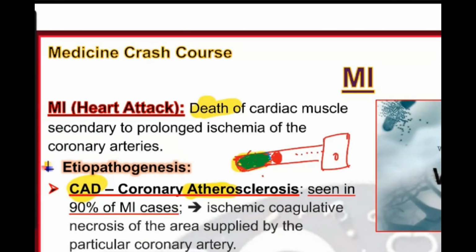Are you following? Those who are following, just raise your hands. See, my question is, I told you MI is death of cardiac muscle. How are you going to investigate? You need to take a biopsy?